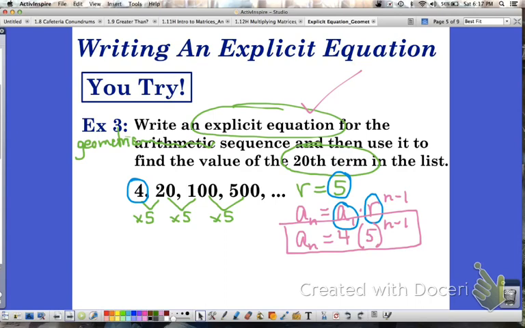Then we're going to use it to find the value of the 20th term. So I'm going to put a 20 in place of n there and there. Here we go. A sub 20 is equal to 4 times 5 raised to the 20 minus 1.